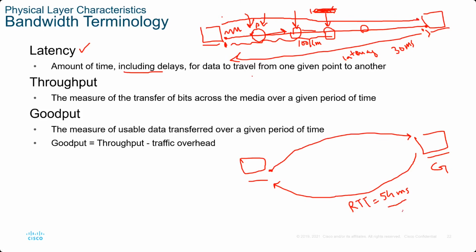Well, it is divided by 2. When you divide the round trip time by 2, that becomes your latency, because latency is the single path it takes, not the coming back. So I generated a packet and it was received by the Google server. That is latency. Okay, so this would be 54 divided by 2.